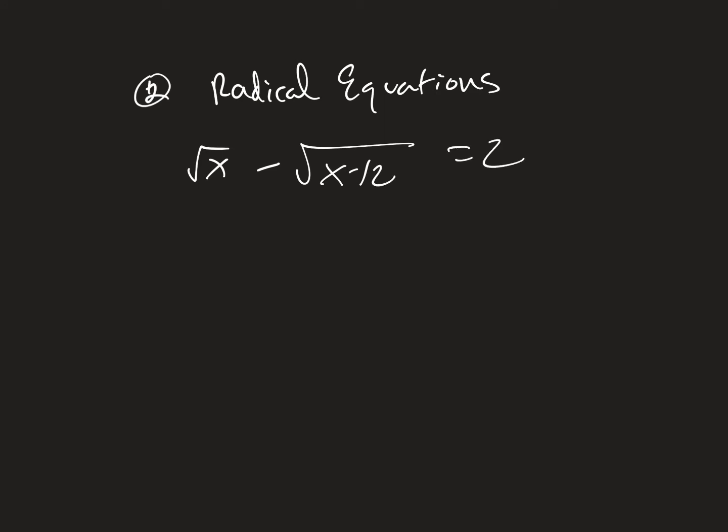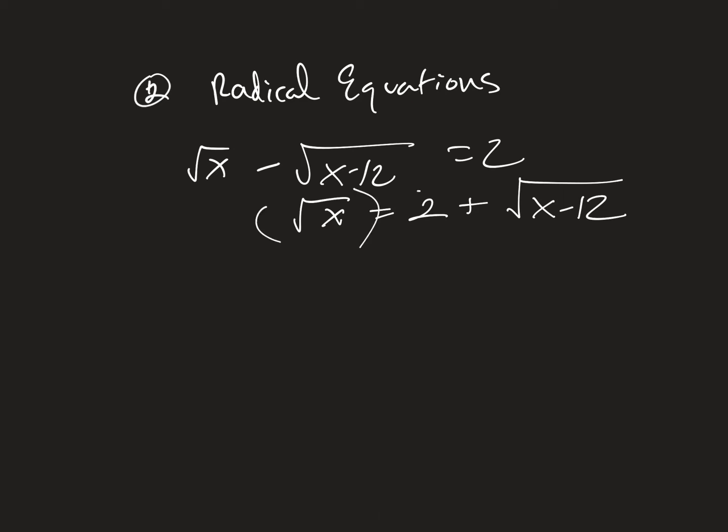Now, in order to solve for x, I need to get them out of these square roots. Unfortunately, because there are 2 different terms that have square roots with variables under them, I can't do that in just one step. So I've got to isolate a square root to start. So I'll just bring the square root of x minus 12 to the other side.